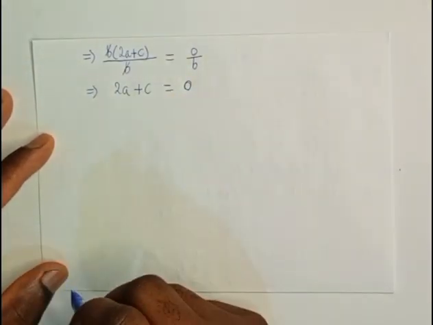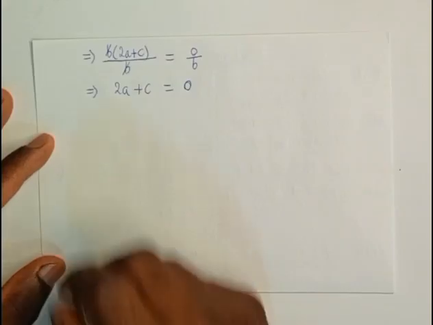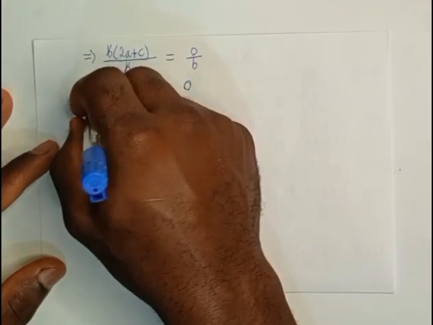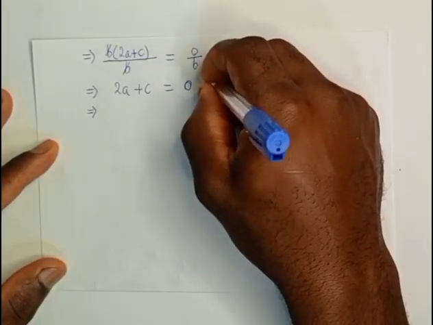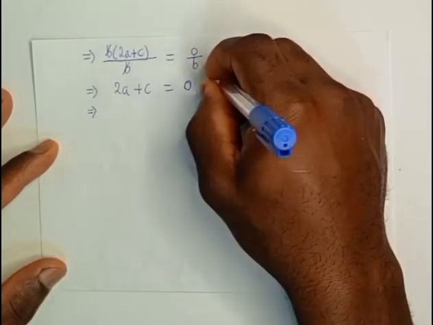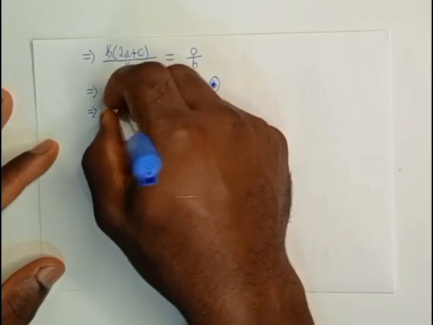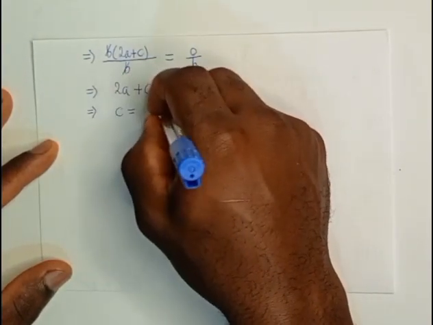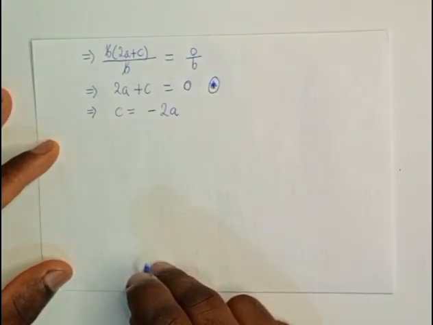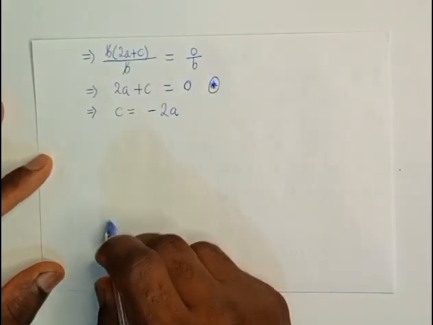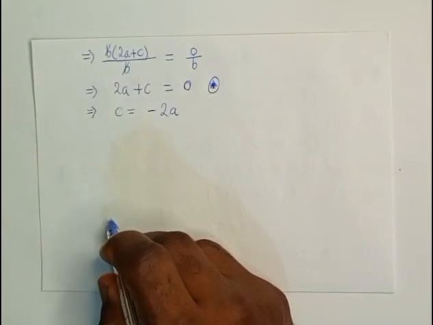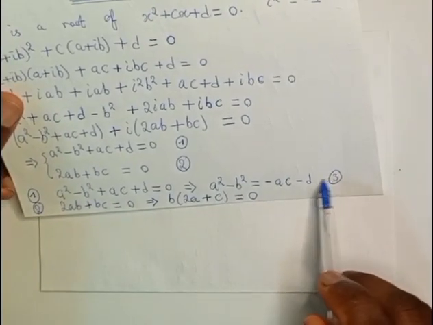From this, if we make c the subject of formula, then we put the star here. c will be equal to negative 2a. We are going to replace c with negative 2a in equation 3.